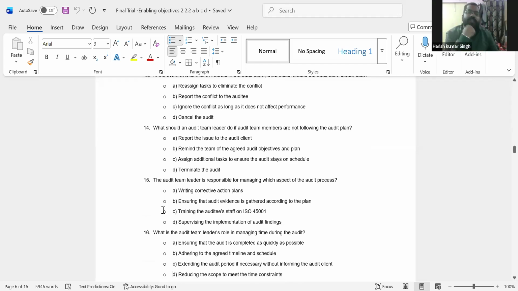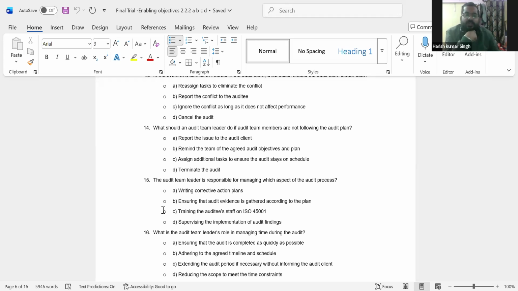What should an audit team leader do if audit team members are not following the audit plan? A. Report the issue to the audit client. B. Remind the team of the agreed audit objectives and plan. C. Assign additional tasks to ensure that the audit stays on schedule. D. Terminate the audit.